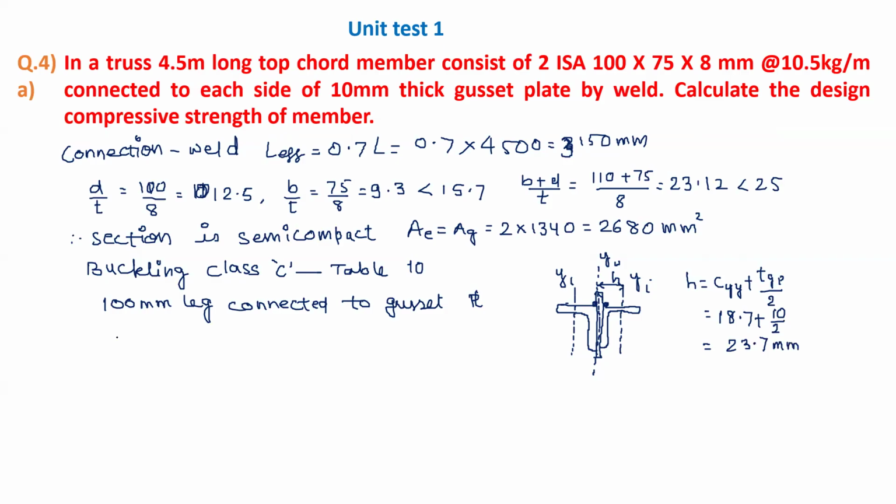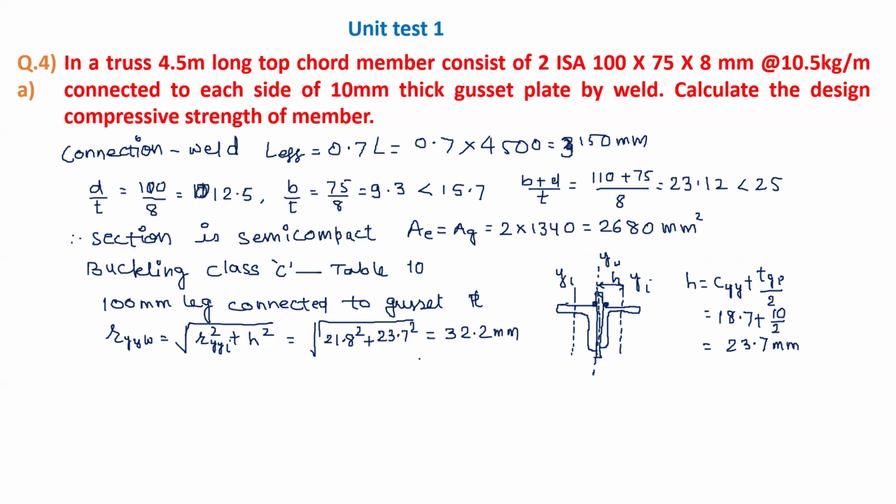And then we can find Ryy of the whole section, that is equal to root of Ryy of individual section square plus h square. Now we have Ryy individual 21.8. So we have 21.8 square plus h, 23.7 square, and this value comes 32.2 millimeters.